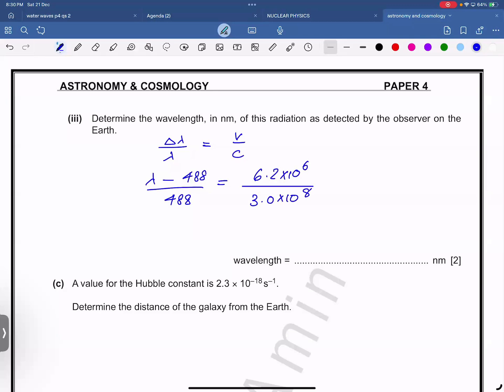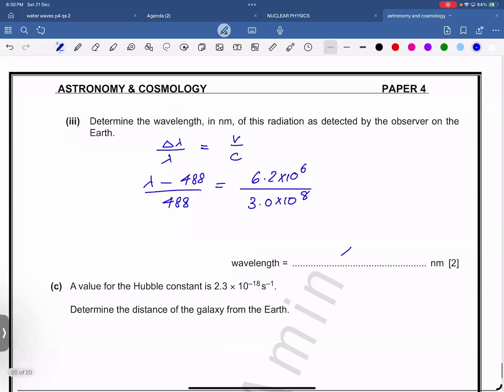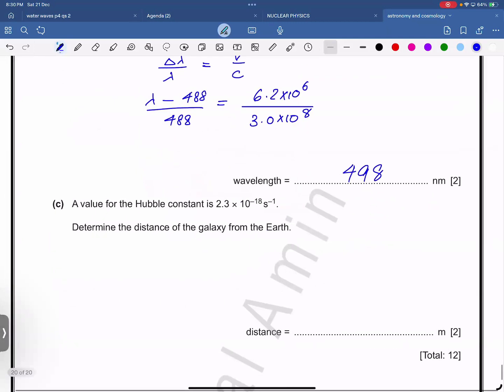You can type and do shift solve technology. I guess it will be more than 488. 498. Wallah, 498 nano.